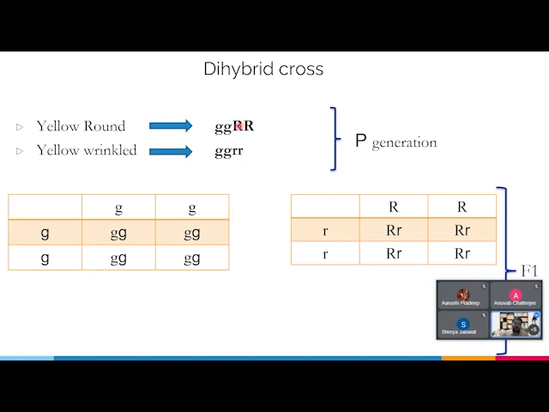Secondly, for the quality of the seed, we have R and R on top, and r and r on the left-hand side. The Punnett square reveals that all the genotypes should be capital R small r. So we have gg and Rr from the cross in the F1 generation. Everyone was correct in calculating this.